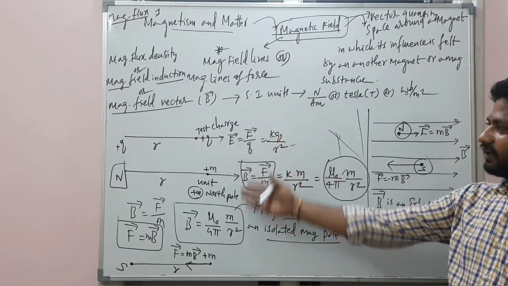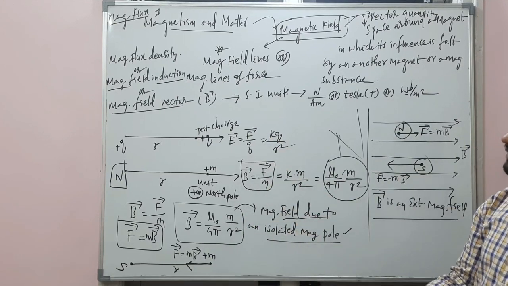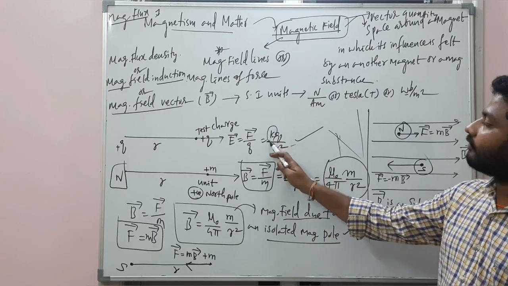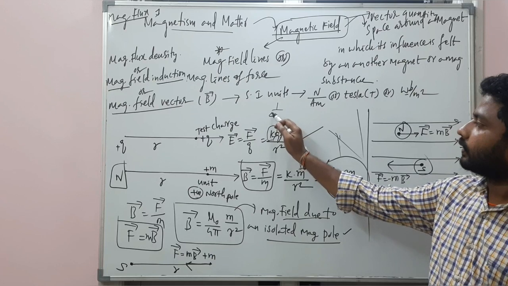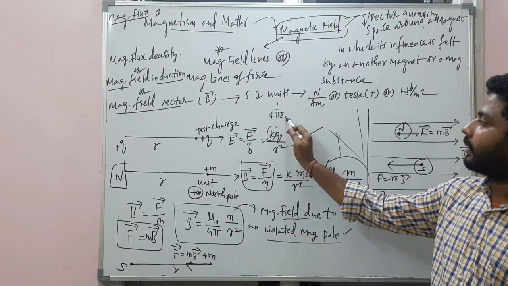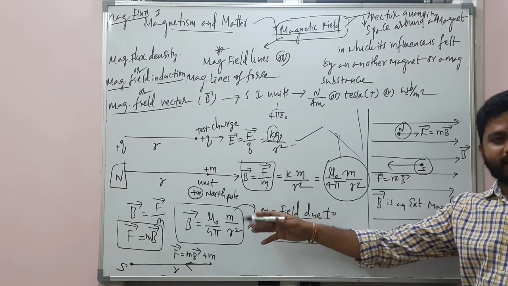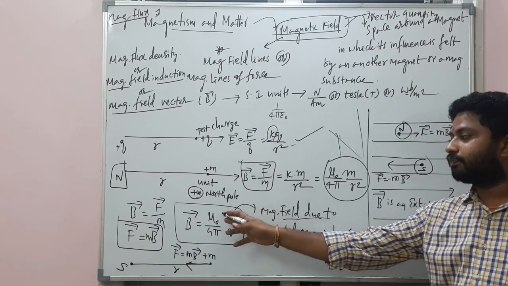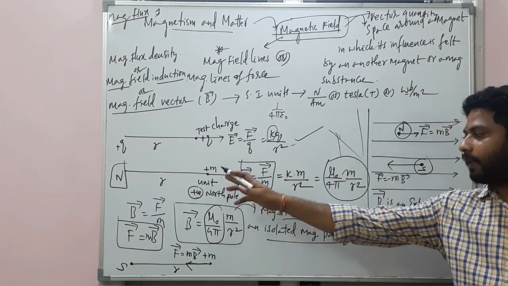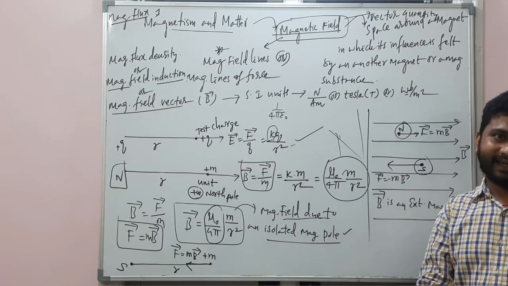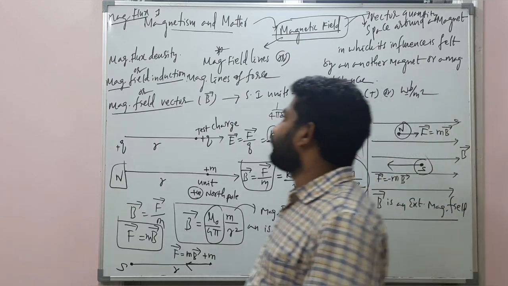It's similar to the electric field situation. For your better understanding, I have just added here, where this K is 1 by 4 pi epsilon naught. But here in the magnetism concept, this K is mu naught by 4 pi.